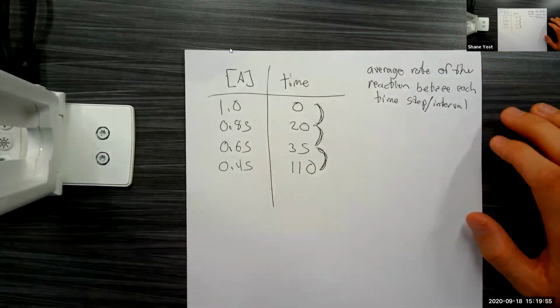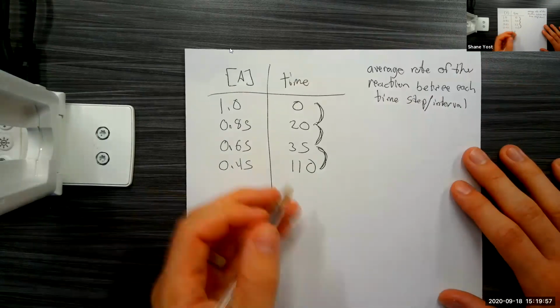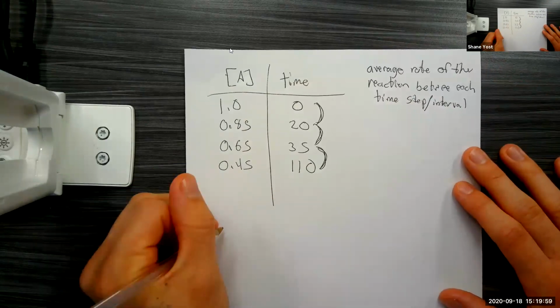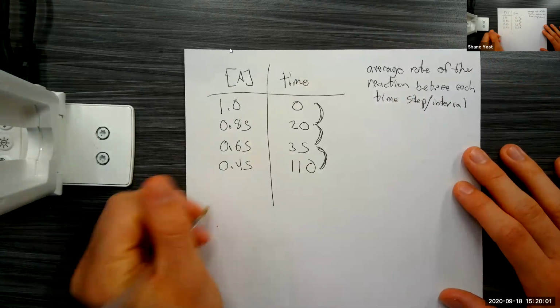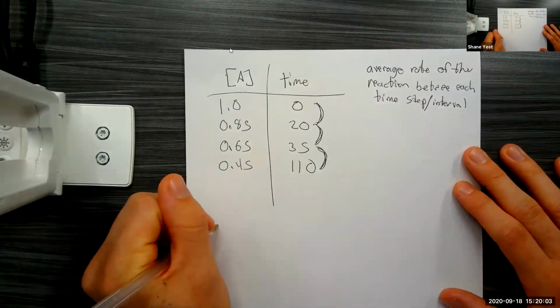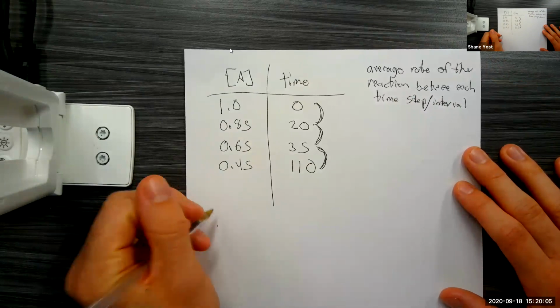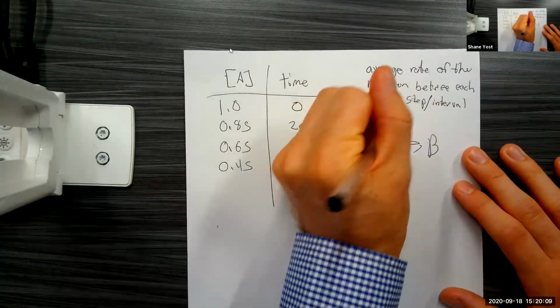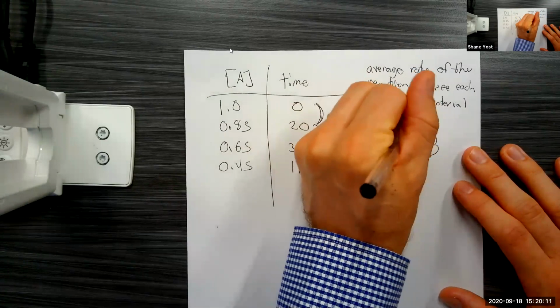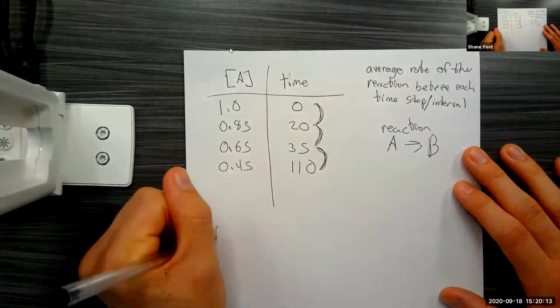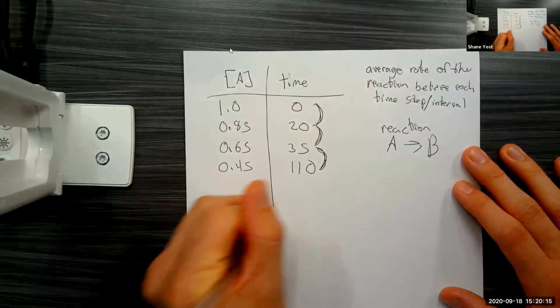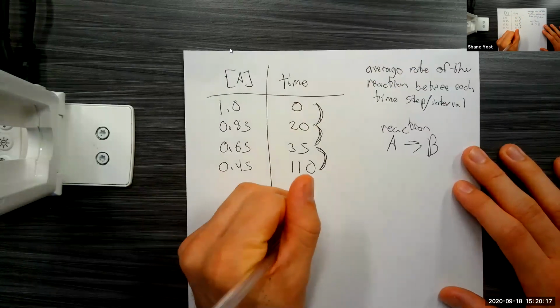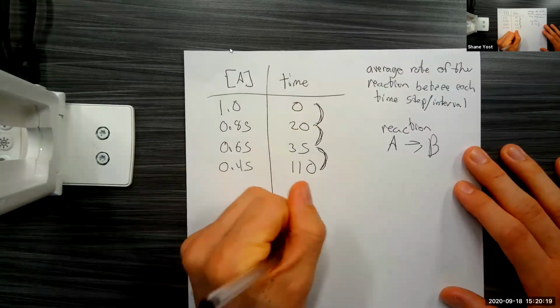So let's assume this reaction is just A going to B, or whatever. This is my reaction. The average rate of the reaction is going to be equal to the change in concentration of A over the change in time.